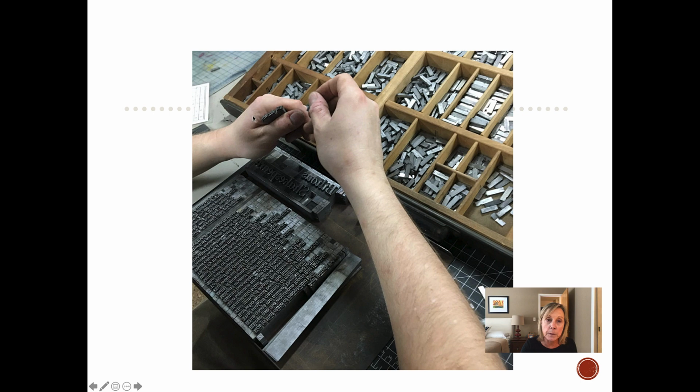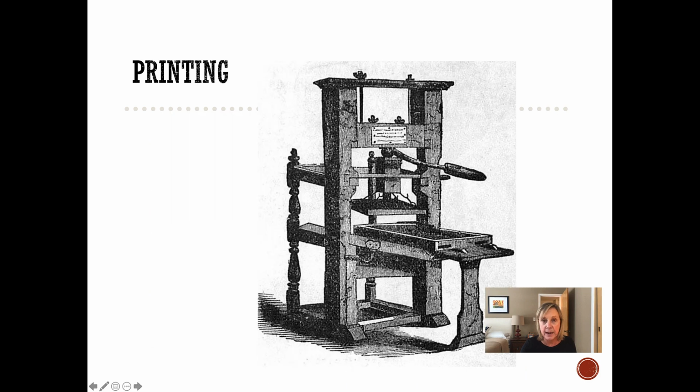And you can see him holding some letters in his hand that he's going to place in the form. In Gutenberg's day, that form would be wooden, and the letters would be laid in here. The type would be inked, and then this impression cylinder would be pressed on top of the paper, and voila, you have one page.